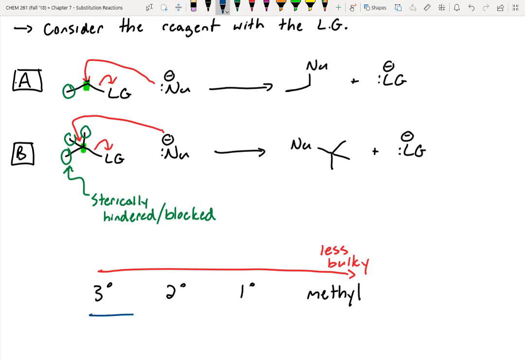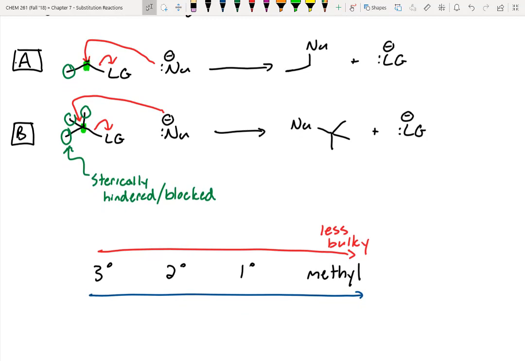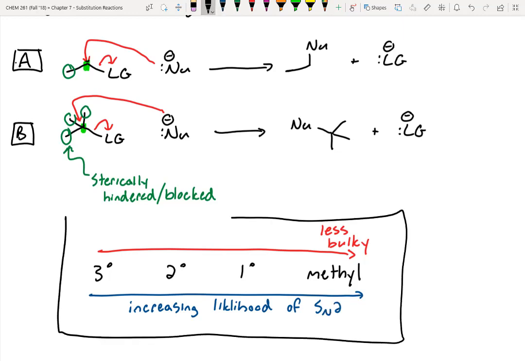And that increases the likelihood that an SN2 reaction will occur. It's pretty convenient, though, because these trends flip-flop from one another. SN1 reactions are more favorable with tertiary carbons than with methyl groups, whereas SN2 is more favored with the methyl group over a tertiary carbon.